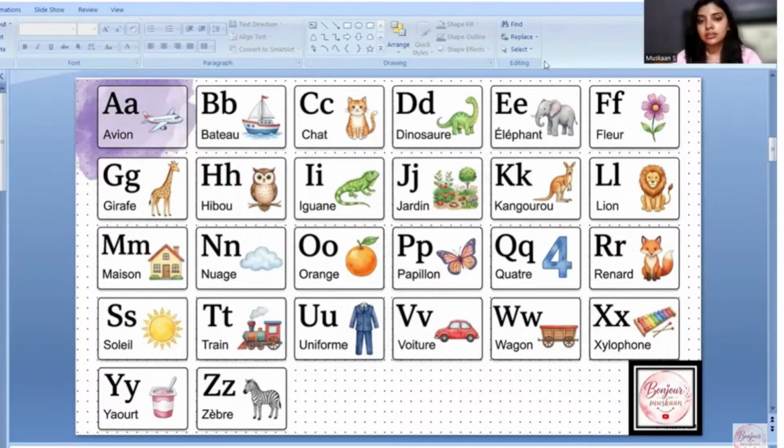T for tortue. U for uniforme. V for voiture. W, wagon.